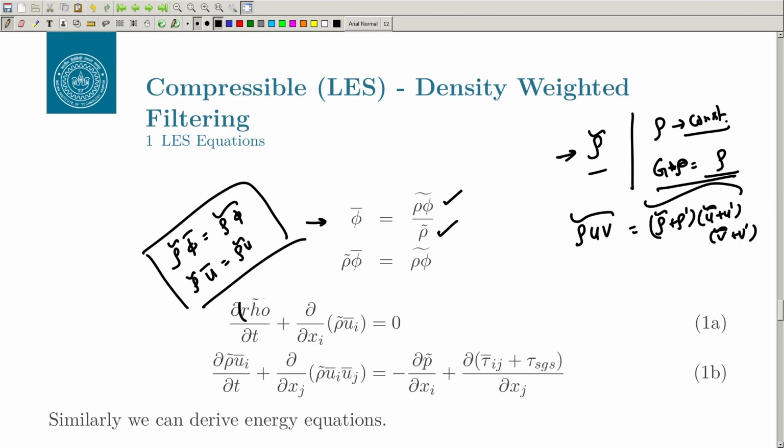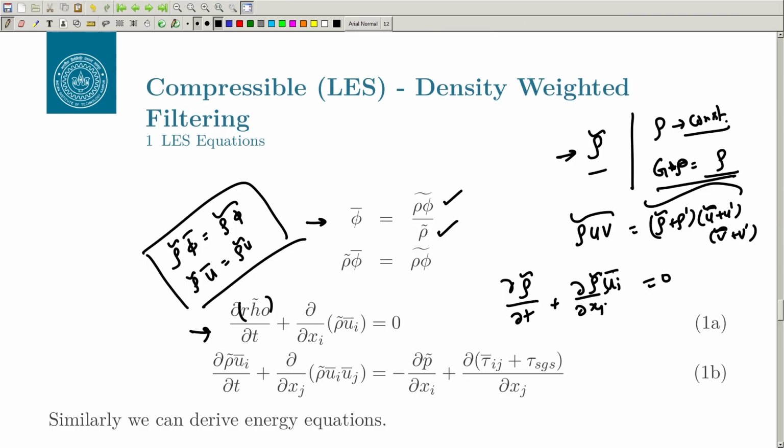Because there is a typo here. So, if you do that for the continuity equation, what we will get is d rho bar by dt plus del by del xi of the filtered rho u, but this can also be written as rho bar u tilde i, by this property.